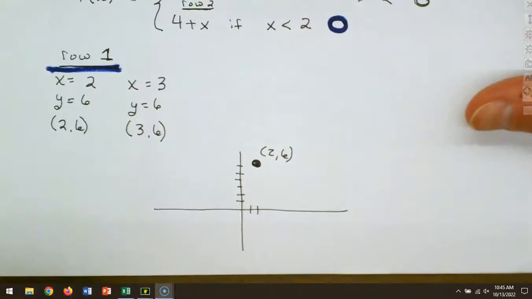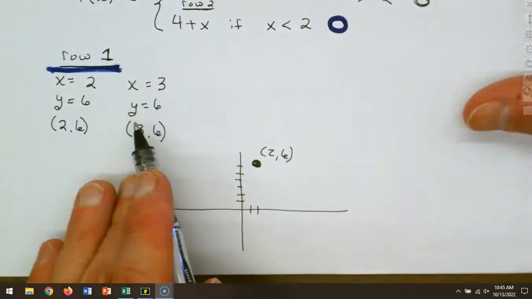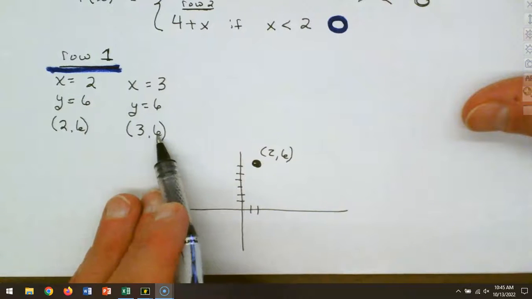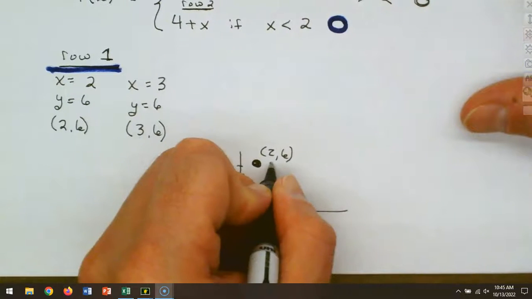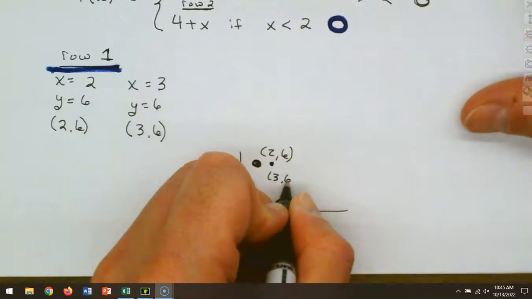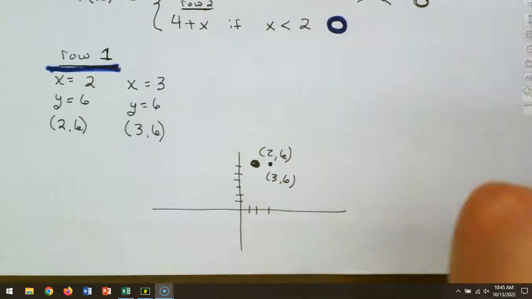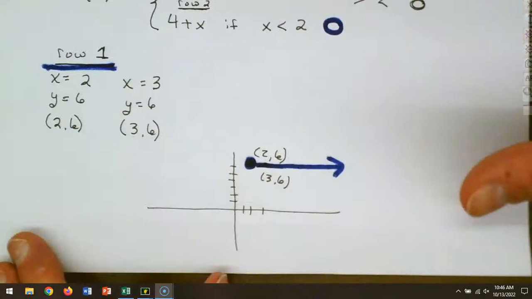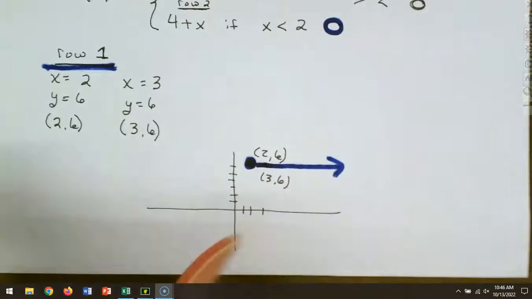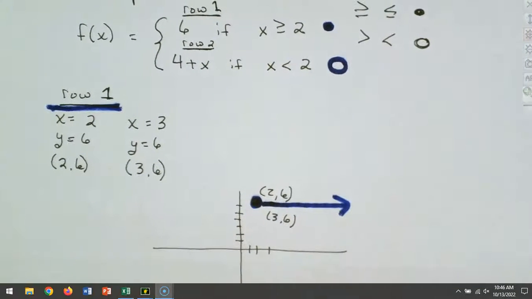Okay, so closed circle at (2, 6). Now, what's my next point? (3, 6). So that's over 3 and up 6. Connect them together. And that's that. That's a constant function at 6, right? So it's a constant function at 6.